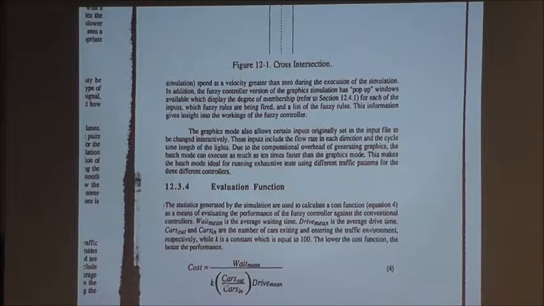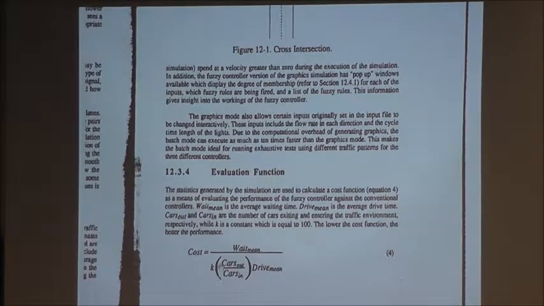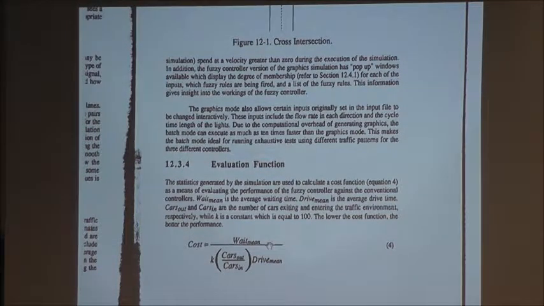They gave a cost function with the wait time behind the red light, and the number of cars going out and the number of cars coming into the intersection. Derived mean is the average derived time, wait is the average waiting time, and so forth.